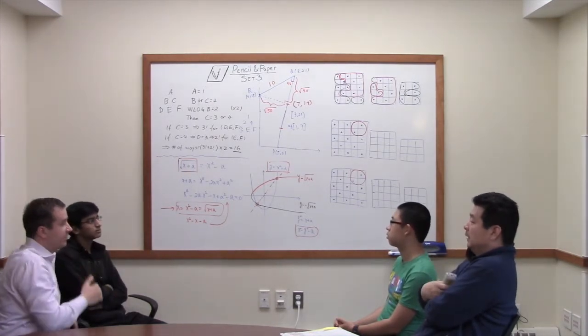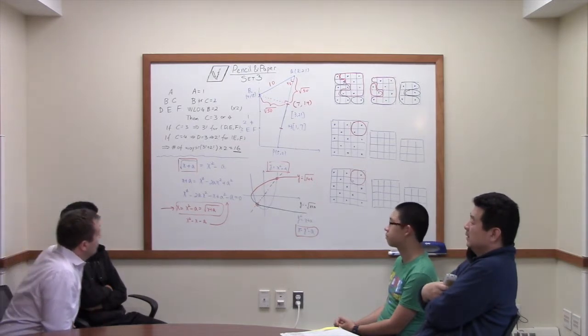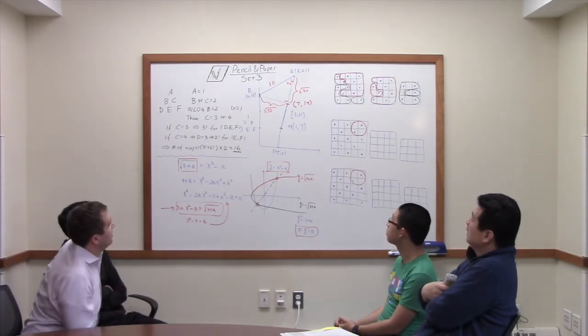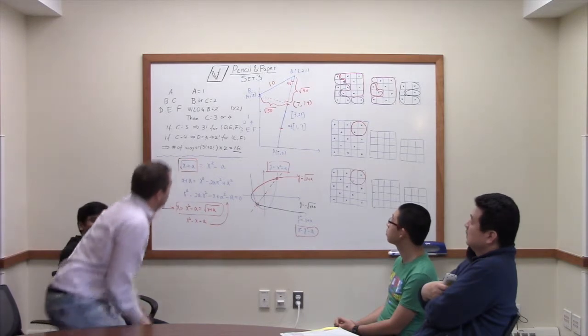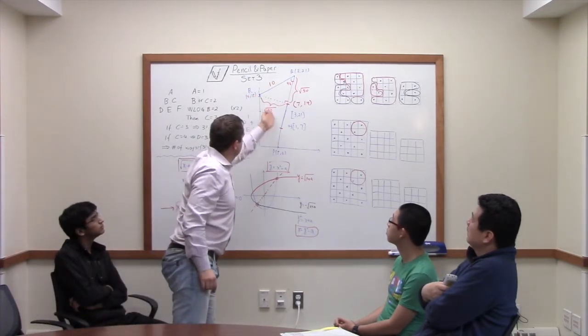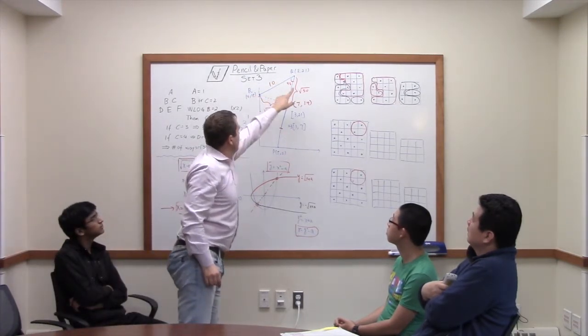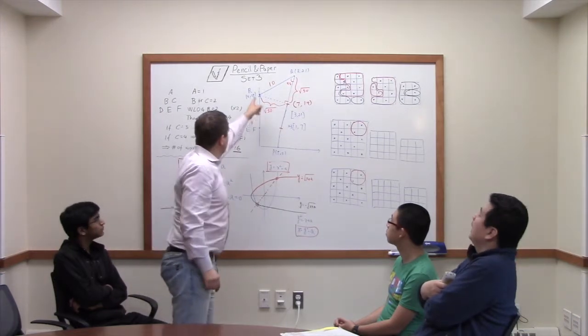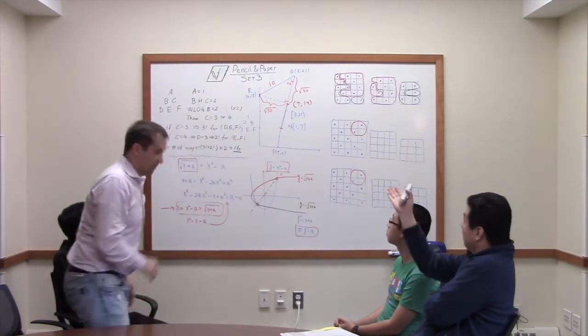But if R and Q are lattice points, and I draw the projection this way, then you're guaranteed to get a lattice point.